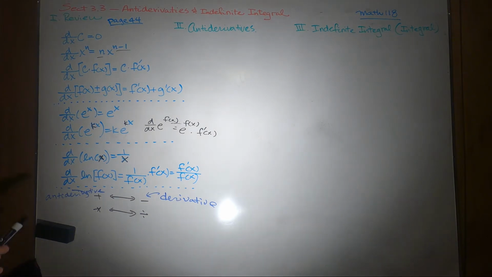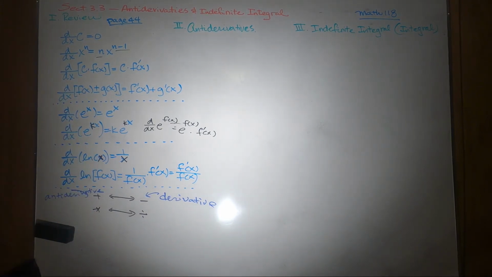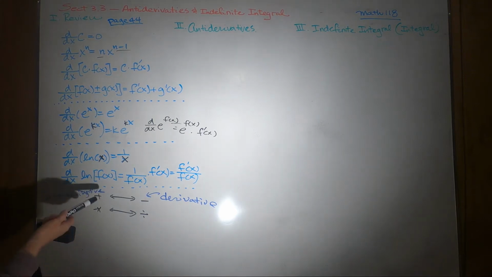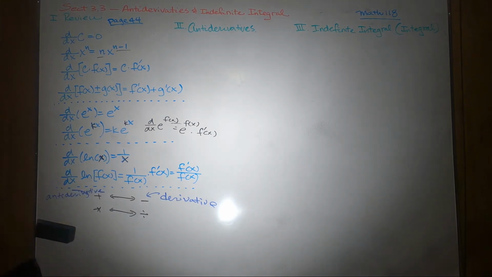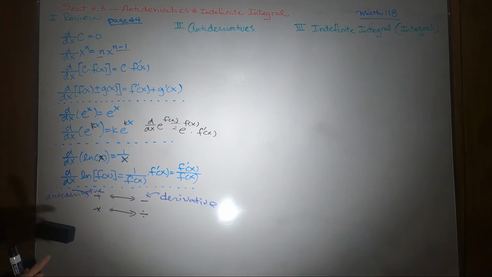Okay, so for the derivative, we are reducing to one level lower. Then antiderivative is the opposite of the derivative. It goes back to a higher level. That's what we are going to do. So there are two major skills in calculus.